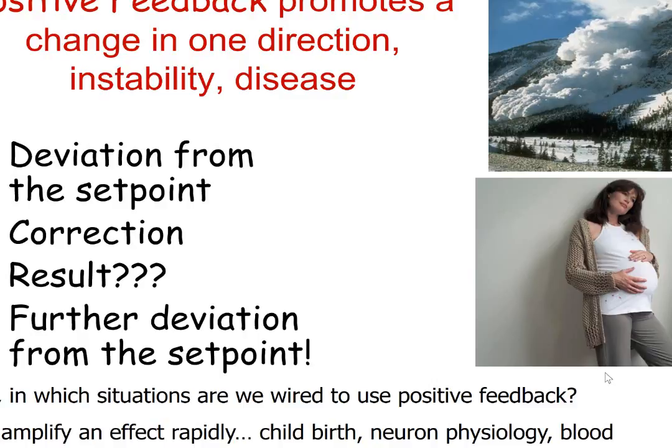Well, oxytocin causes uterine contractions. So the uterine contractions will push on the fetus, and the fetus's head is going to push even more on the cervix. More pressure on the cervix leads to more oxytocin, more uterine contraction. More pushing of the fetus head on the cervix leads to more signal to the hypothalamus. You're hearing more leads to more leads to more.